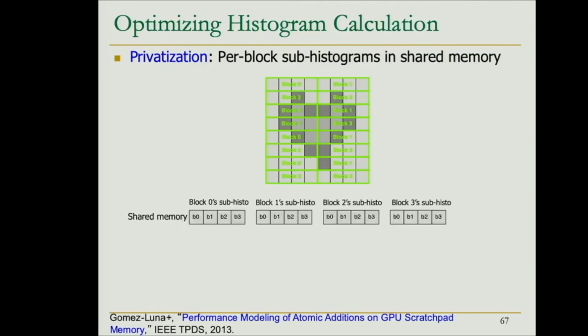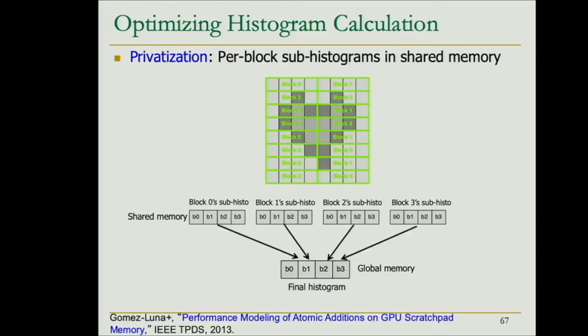Instead of having one single histogram in global memory for all the thread blocks that I'm going to run, I can have multiple subhistograms of the same size, like 4 bins as you see in this case, in the different shared memories, in the different SMs. And when I'm done with creating these subhistograms, I merge them into a final histogram in global memory.